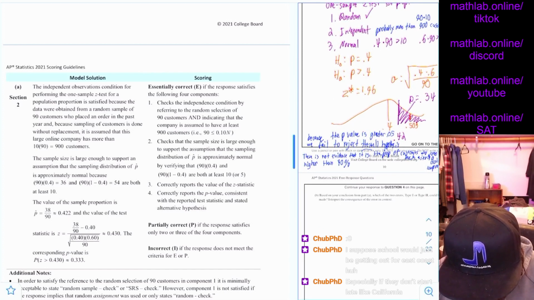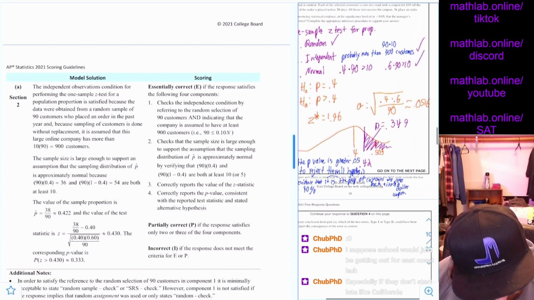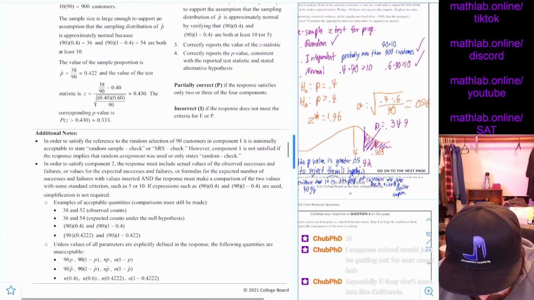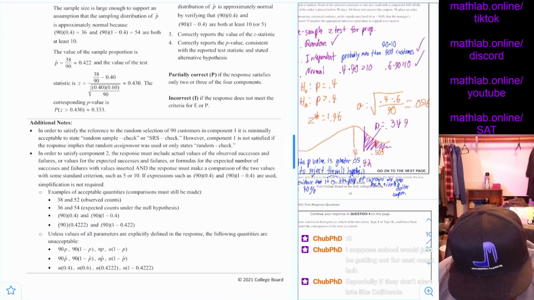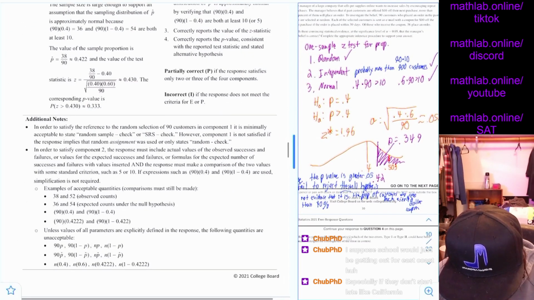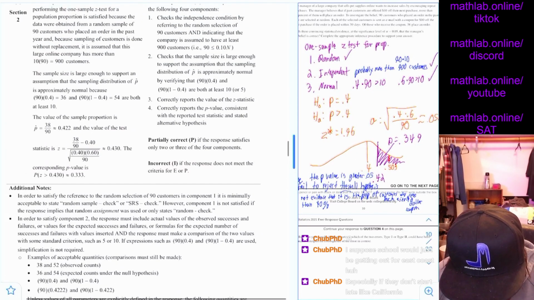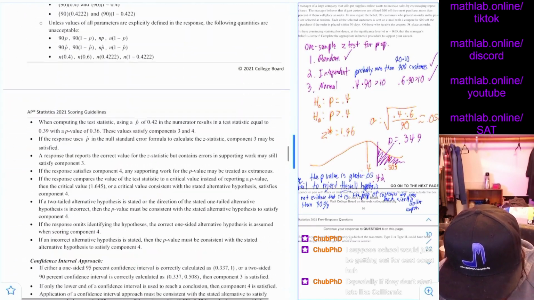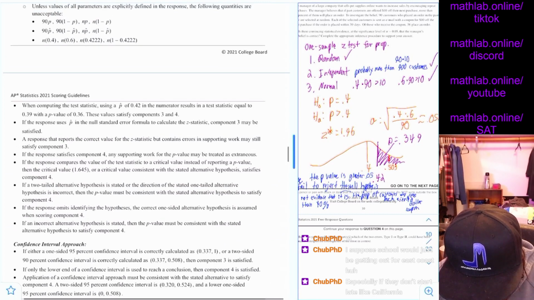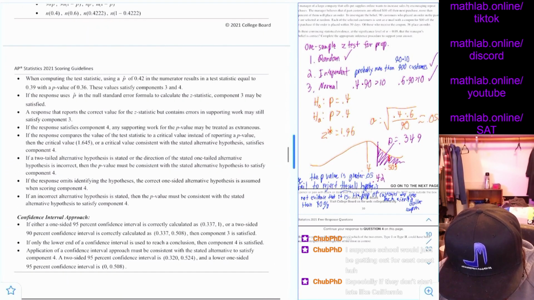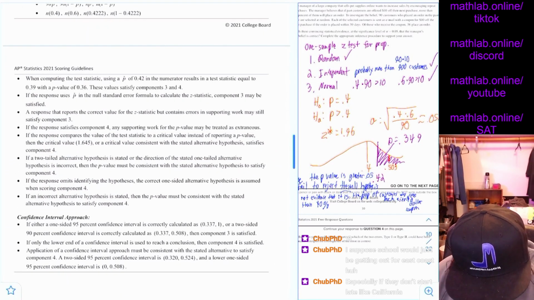I shouldn't need to calculate the z-score. I did. I never reported it. But I shouldn't have to calculate the z-score. So what is that? Component 3. Confidence interval approach. I did that too. Oh, except they got 0.524.